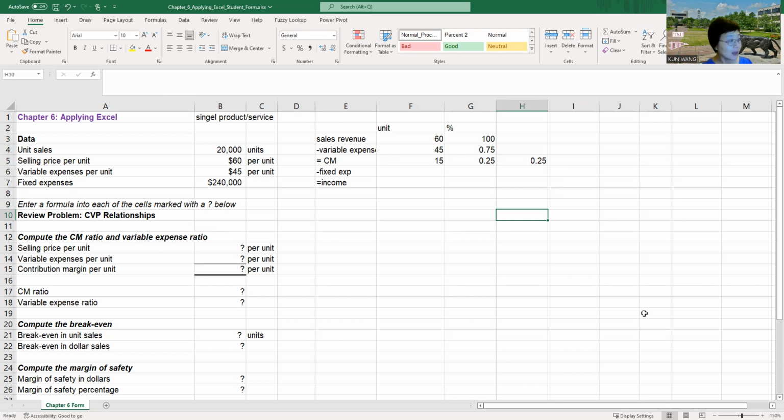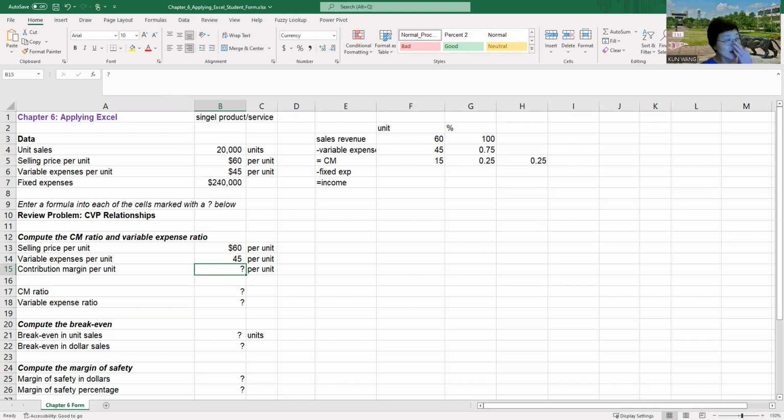Let me know. So now I can transfer to here, right? And now this is my final. So selling price per unit, but I'm using reference, again referencing here. Like 60, and then the variable expense per unit, 45, and contribution margin ratio.